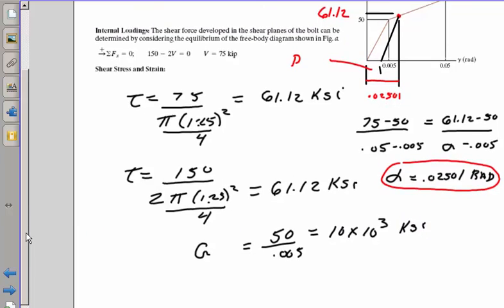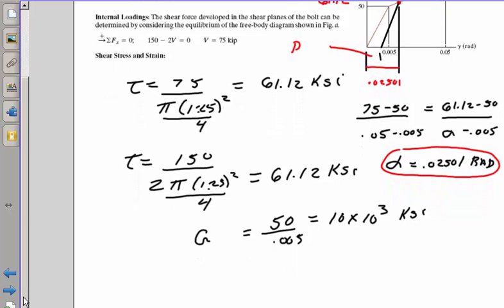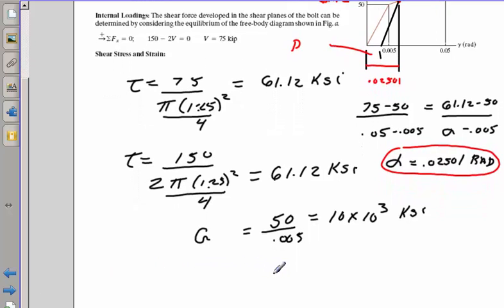Okay, so now I know what this value is here, so all I have to do really is to try to find out what this is going to be right through here. So to do that, all I have to do is take my shear, set it equal to my slope times my shear strain. Again, all we're really doing is y equals mx, because for y equals mx plus b, b is 0, the y-intercept.